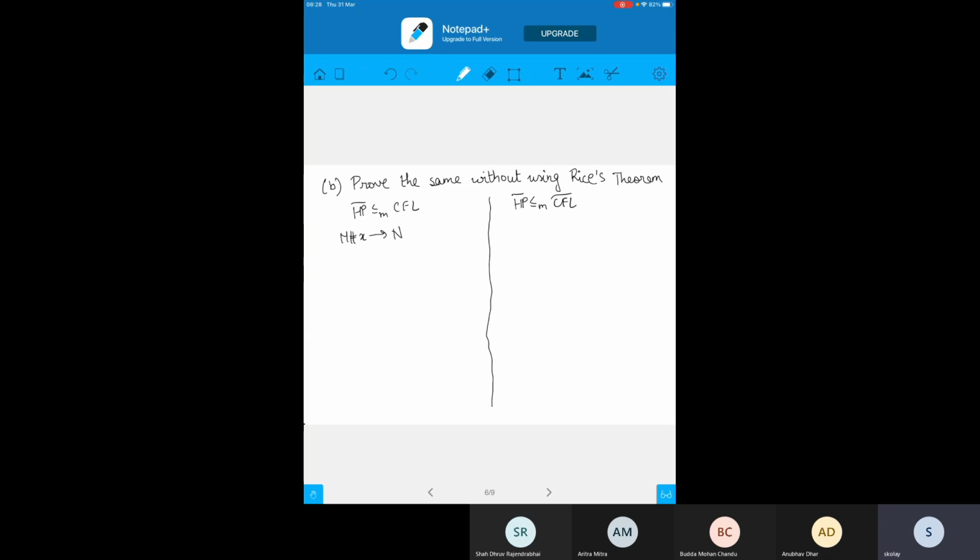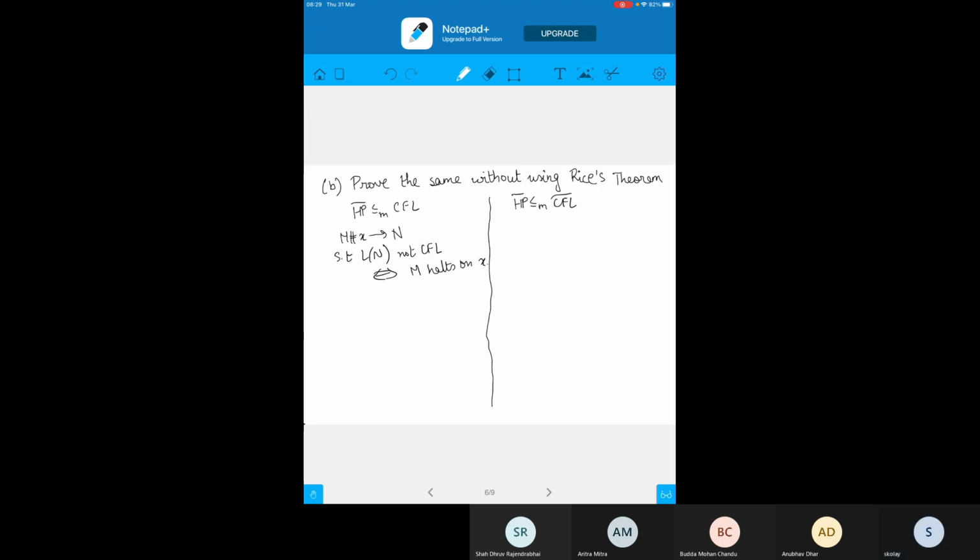So you're mapping M#X to N such that L of N is not CFL if M halts on X.